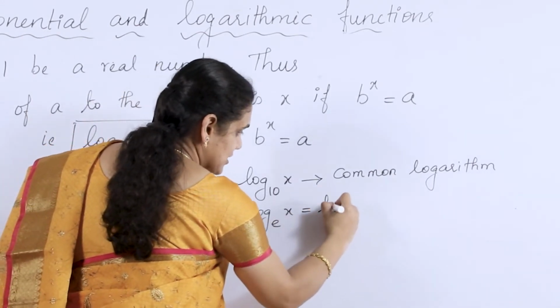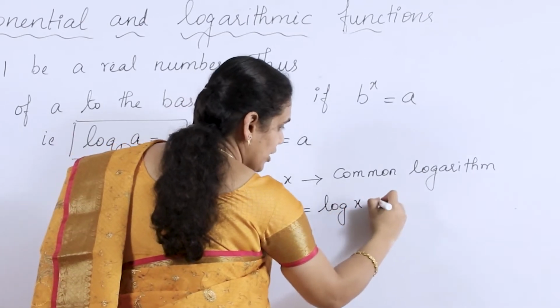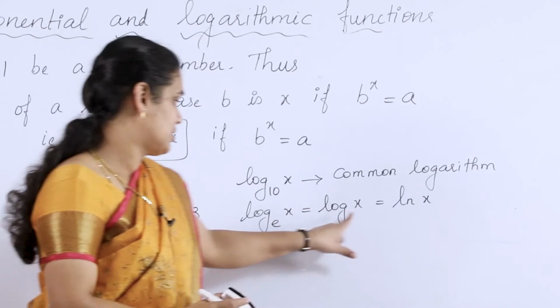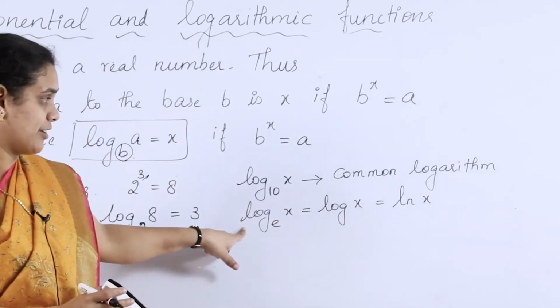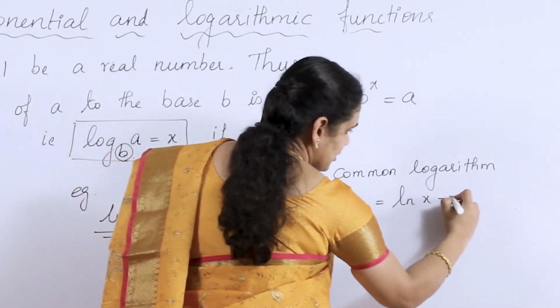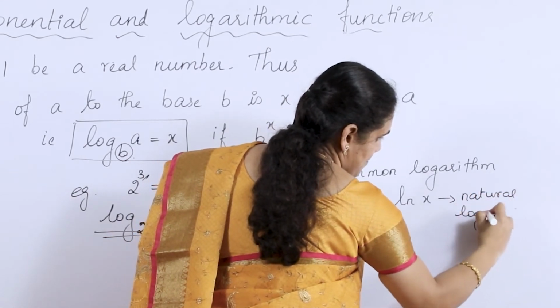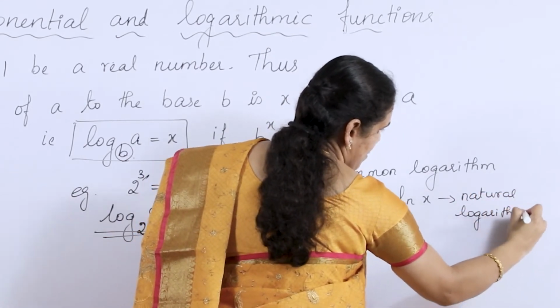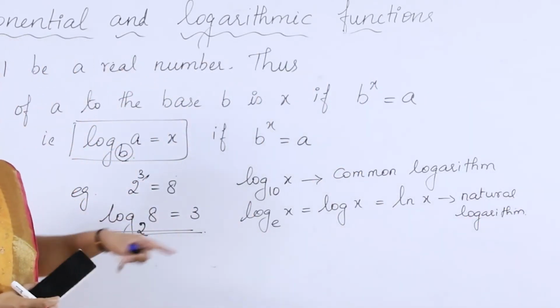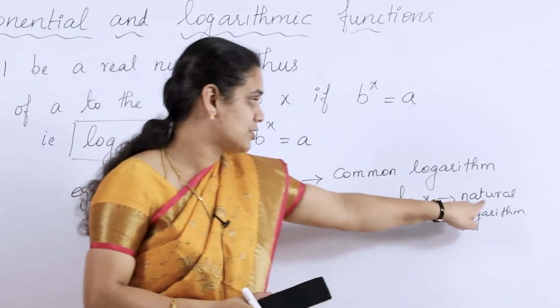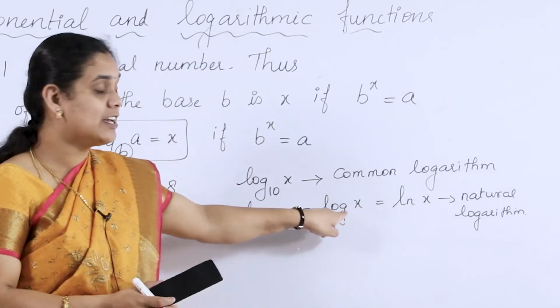We can write this simply as log x, or you can write ln x. Often we see this notation in our book: log x denotes the natural logarithm, that is, the base is e.